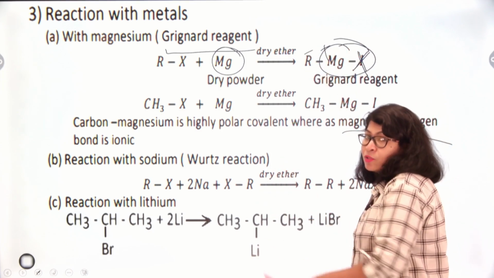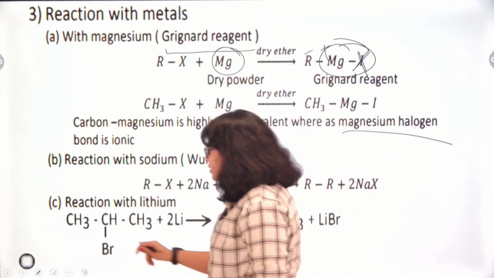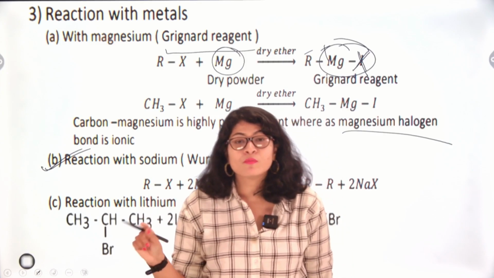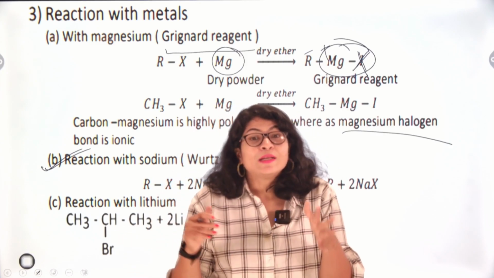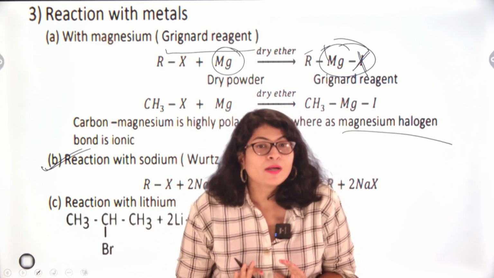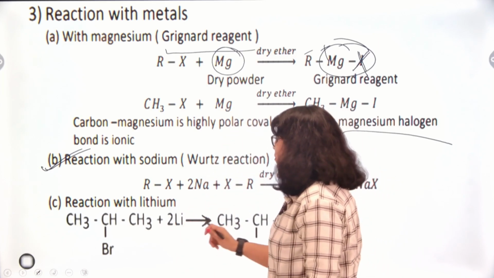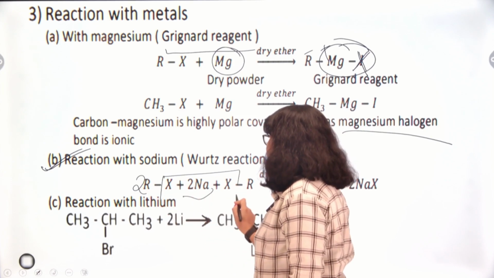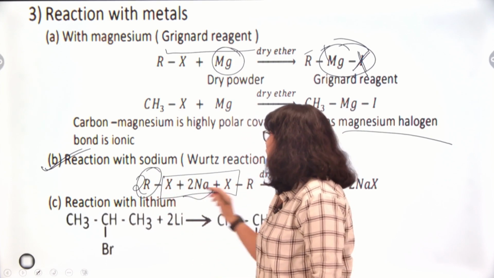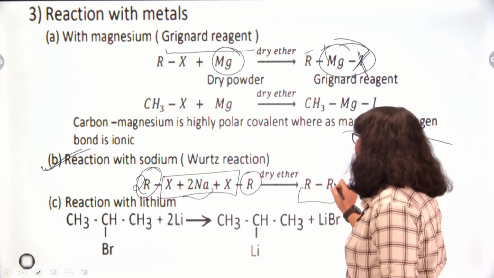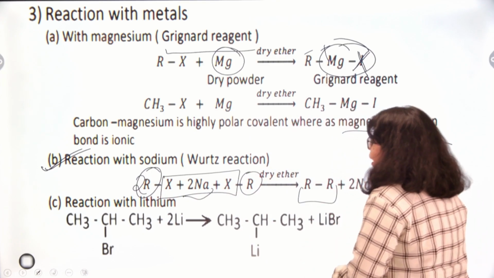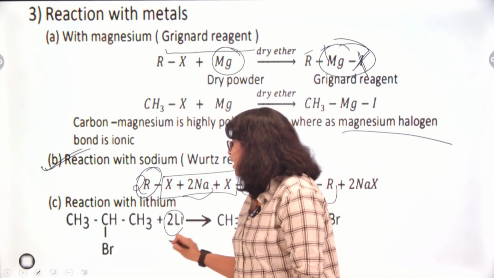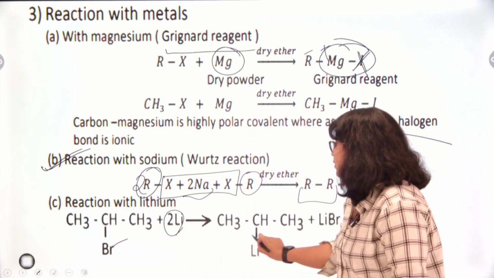Reaction with sodium is known as Wurtz reaction, and this reaction is used for the preparation of alkanes containing an even number of carbon atoms. So basically, if I am reacting 2 moles of RX with 2Na, then 2NaX will get removed and these 2 Rs will be joined together to give you an alkane. Reaction with lithium will lead to liberation of LiX and substitution of lithium in the chain.